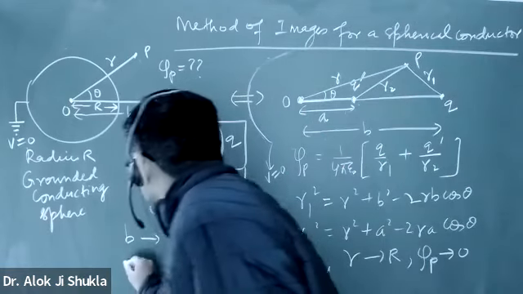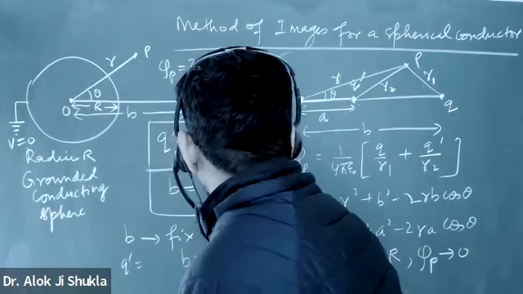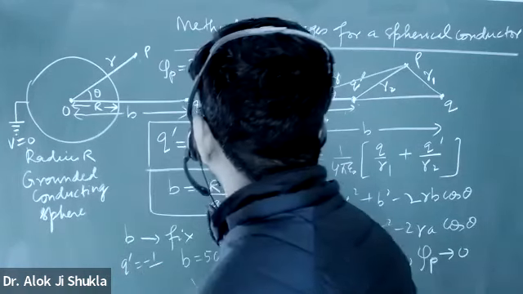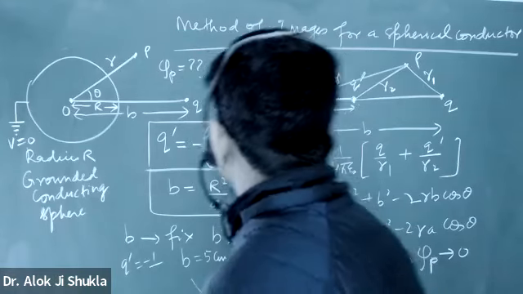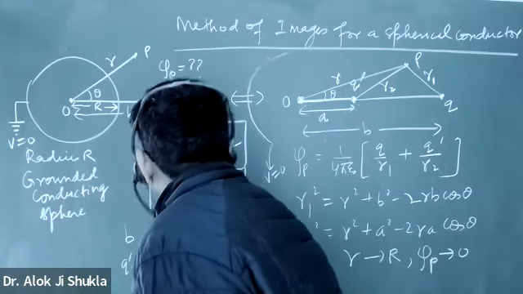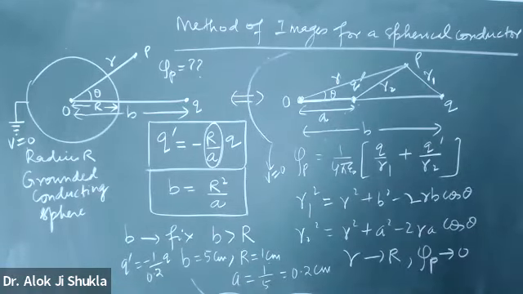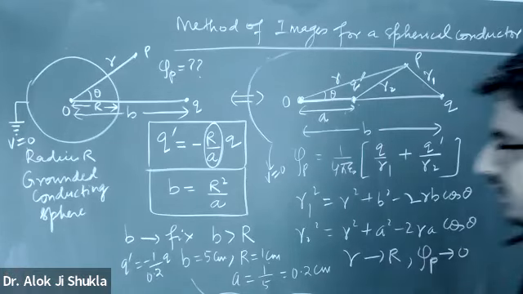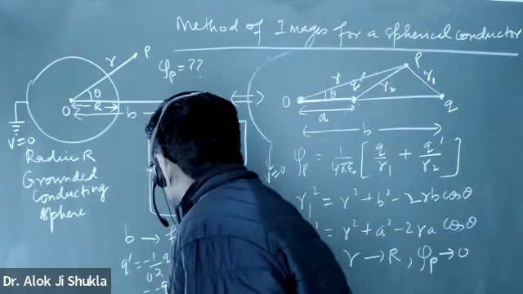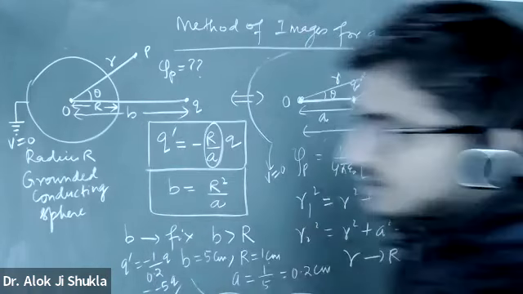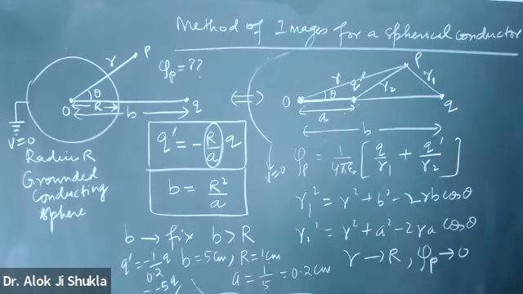Q dash, minus 1 by A. A is 0.2, so minus 1 by 0.2 Q, minus 5Q. So see, it is like this. समझ आ गया?